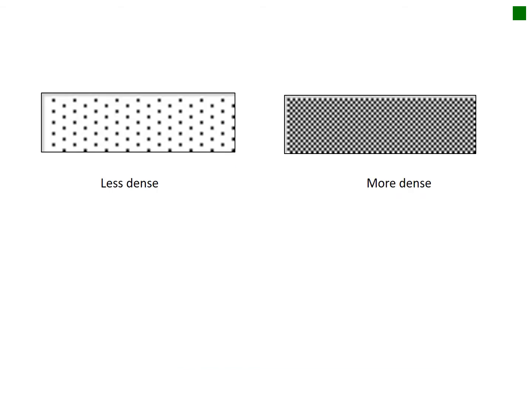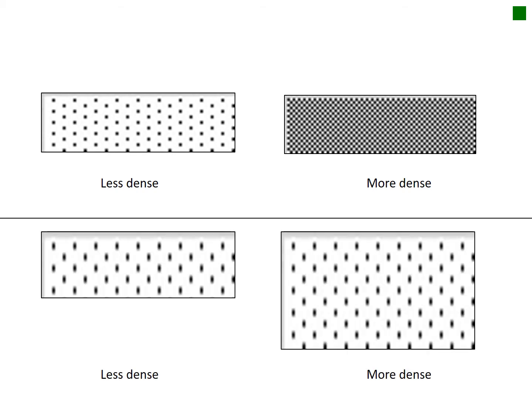So we can have objects that are the same thickness but composed of materials of different densities, or we can have objects that are the same material but different thicknesses, which gives them a different density. For example, the top boxes here could represent a section of bone and a section of fat, where the bone would be more dense than the fat. The bottom boxes could be a thin patient, less fat, and a thick patient with more fat.